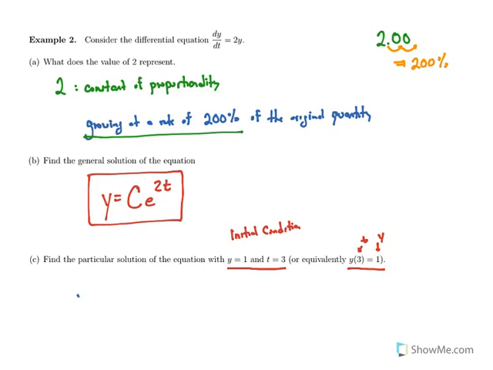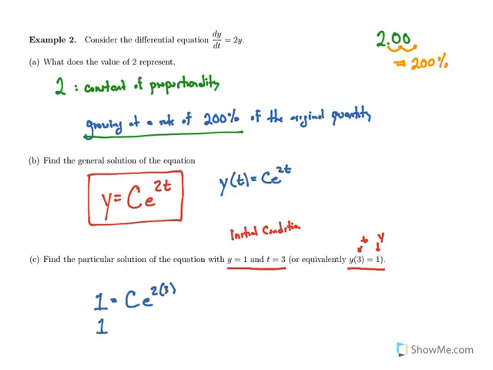So we can say that, note that we could write this as y of t is equal to c e to the 2t. If we use our y and t values, we can say that y is equal to 1. So we have 1 is equal to c e to the 2 times 3.